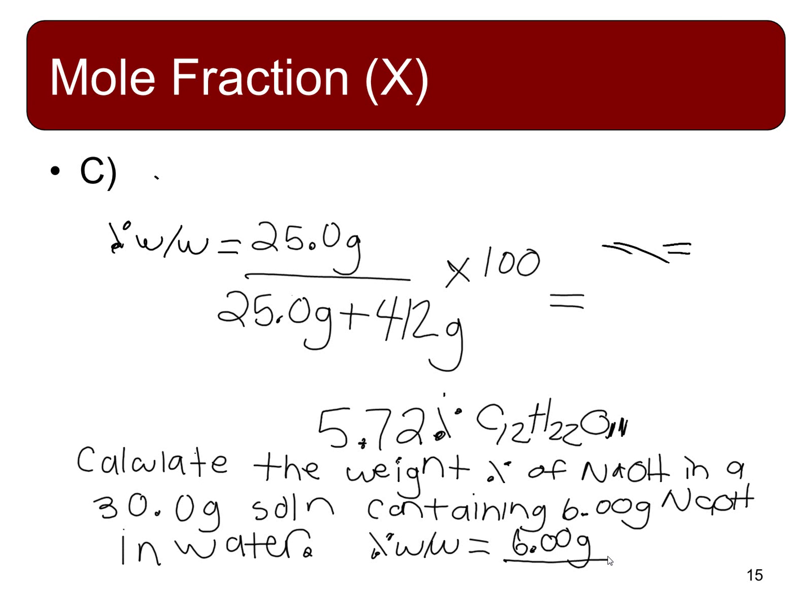It tells us the mass of the solution, so it's already taking into account the 6 grams of NaOH. So we divide by 30, times 100, and we get about 20%. That's an H. It doesn't look like one, but it is.